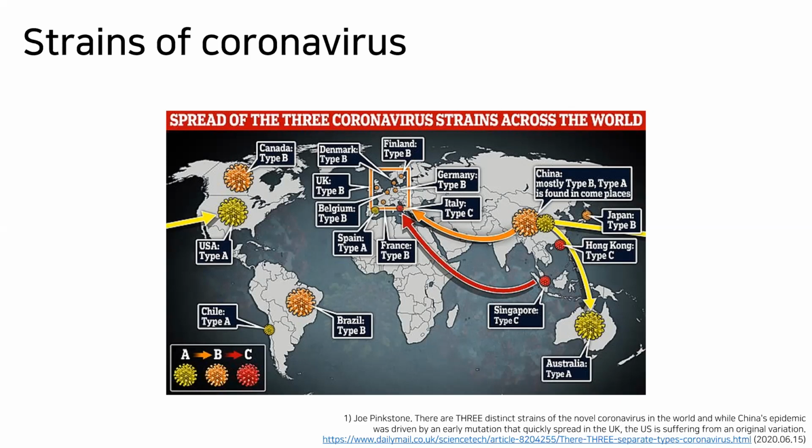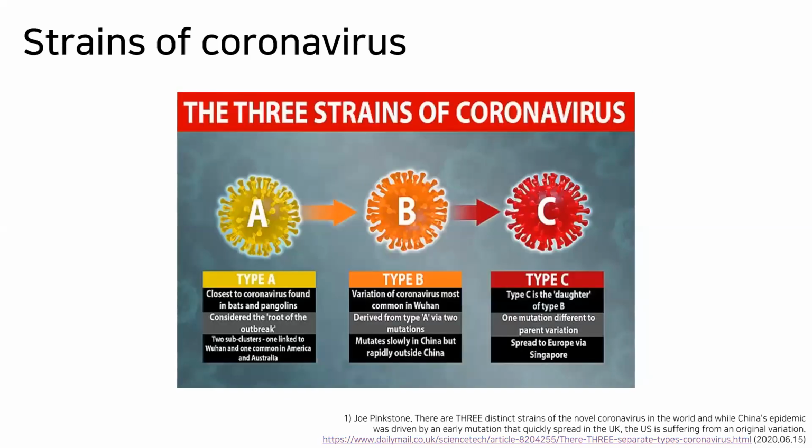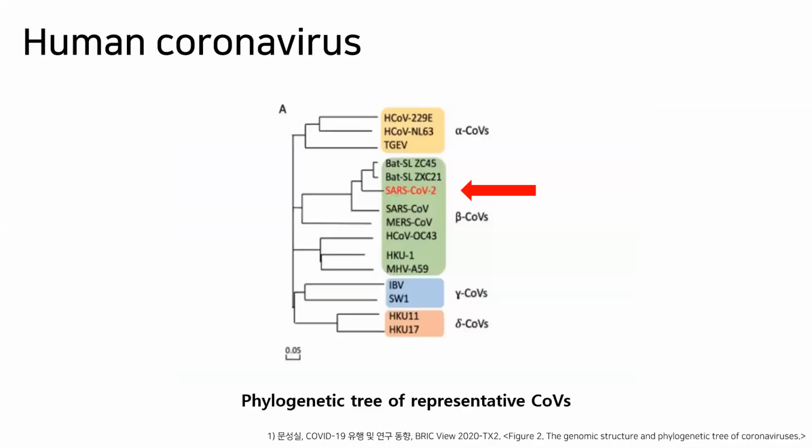And these are the details of how the coronavirus COVID-19 A, B, C types have mutated over time. You can see the picture in the middle, and the type A virus is the form most related to the bat virus in the first period.